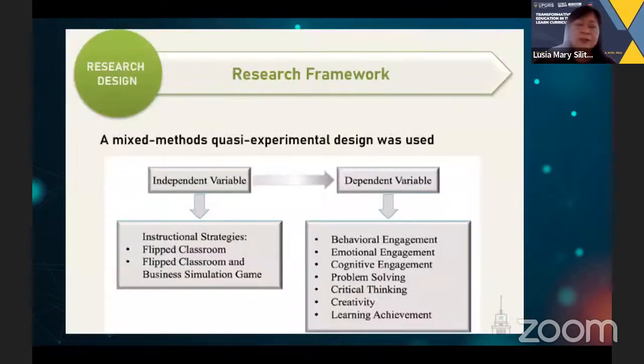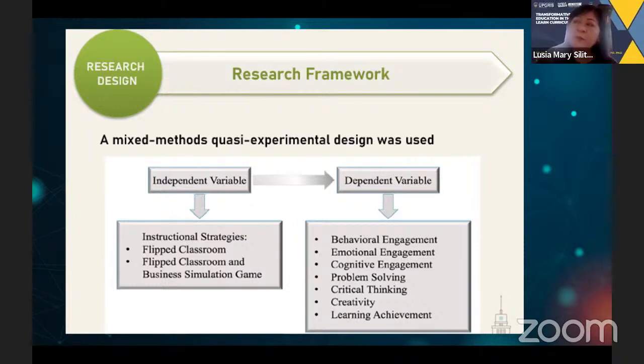So this is the participant. And then the research design. The research framework I use here is a mixed method, and a quasi-experimental design was used. You can see here I use the comparison test, uji beda. We want to know the difference between two groups before and after the treatment. The independent variable of this study is instructional strategy.